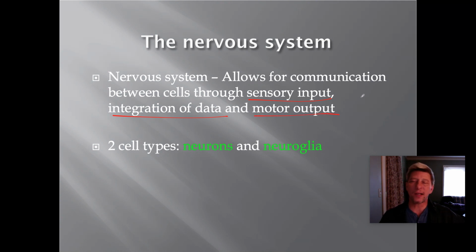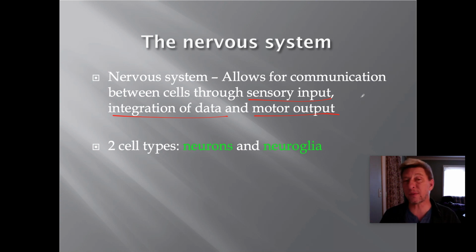And the reason that I say that is because the system itself is repetitive on multiple levels. And so you'll see those same three tasks, if you will, all throughout the system, from the cellular level to the tissue level, even to the organ level. All right, sensory input, integration of data, motor output. And so that's what we're going to talk about.